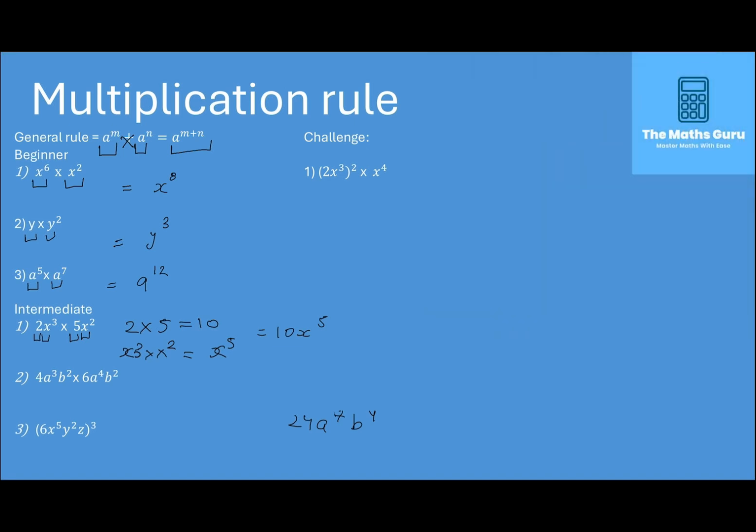Okay, so 6x to the 5, y to the 2, z cubed.